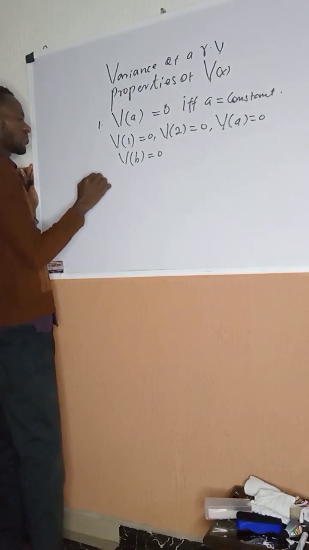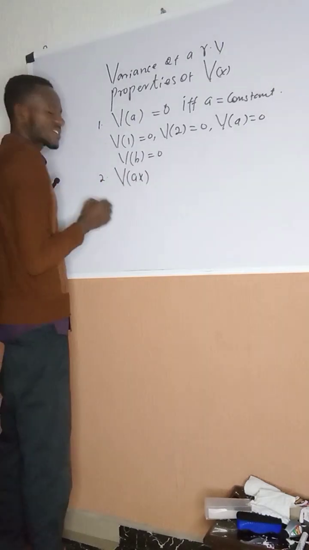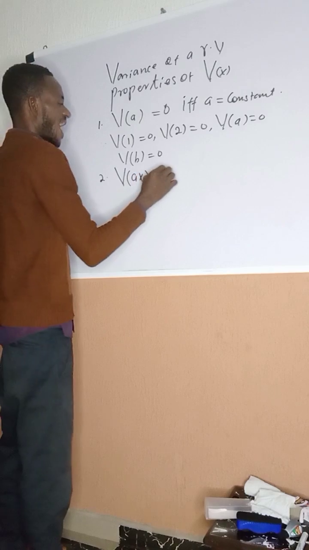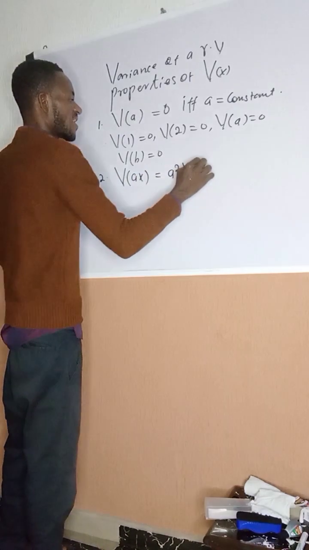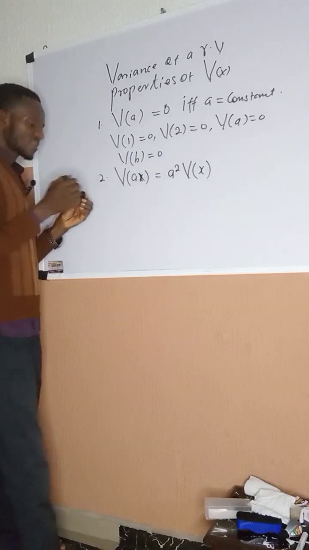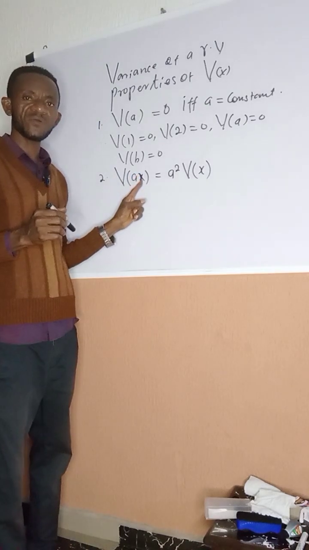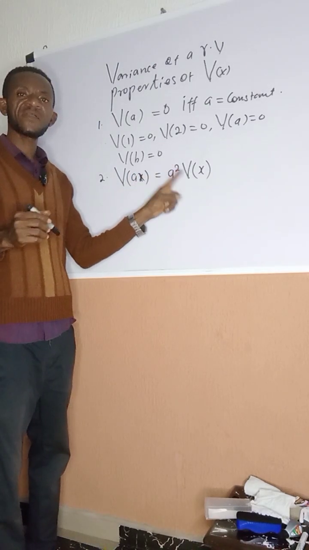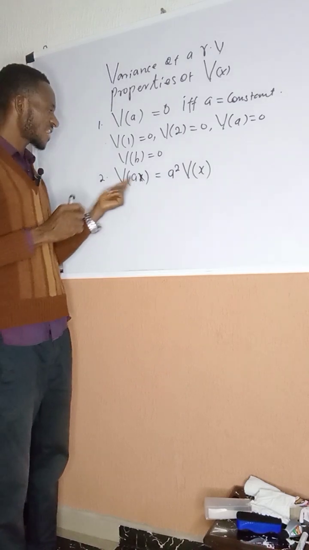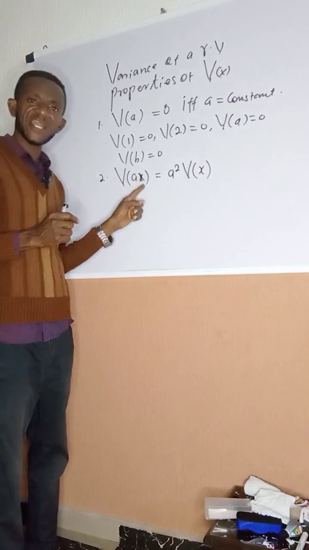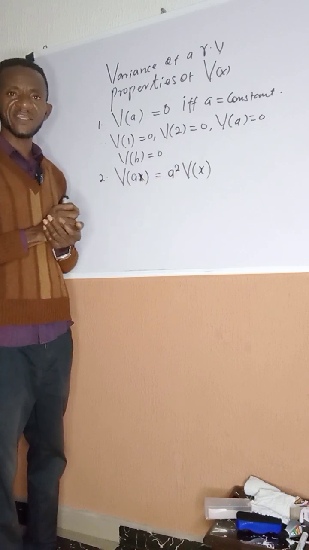So property number 2: var of A x is given as A raised to power 2 var of x. That is to say that the variance of a constant multiplied by a variable is that constant squared multiplied by the variance of that random variable.